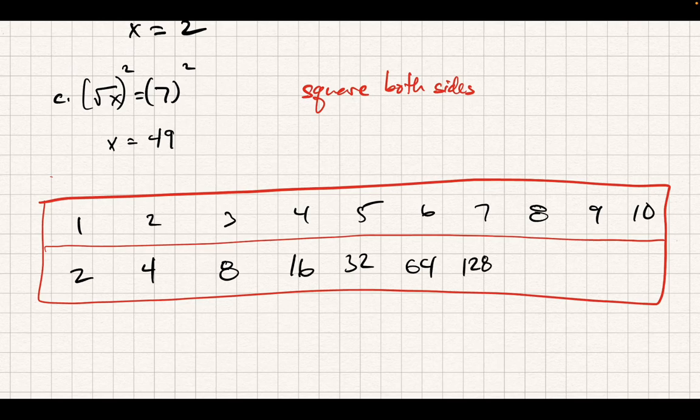Wait, no, that's wrong. Wait, no, that's right. I don't know. 256. 512. 1024. 2048. Wait, you're right.